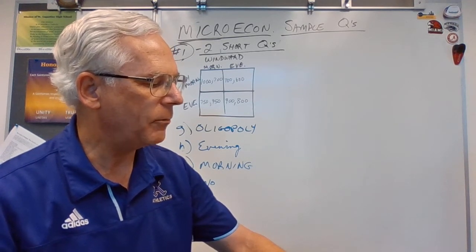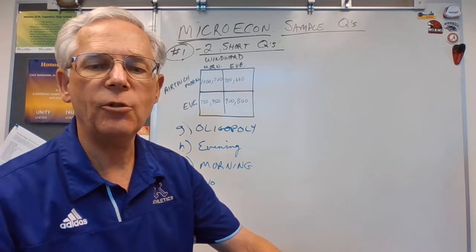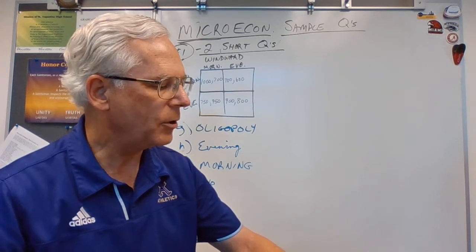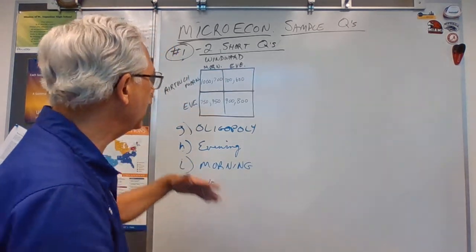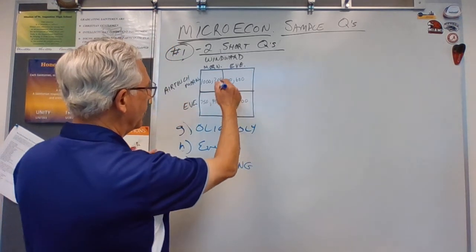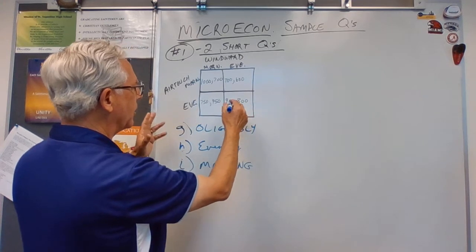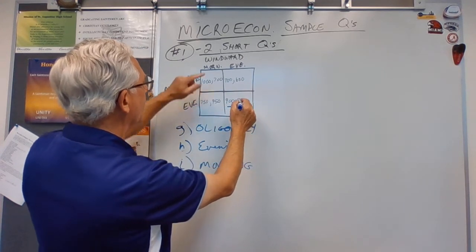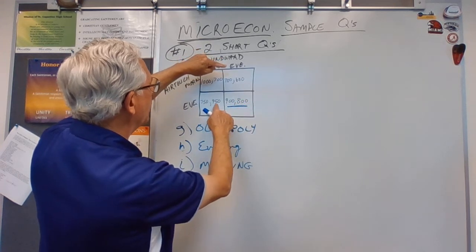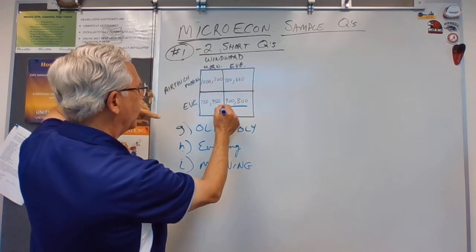And then part K, if both firms know all of the information in the payoff matrix, but do not cooperate, what will Windward's daily profit be? Imagine being in any particular box. Imagine starting in this box. Does Windward want to switch? Yes, it does, so it would want to come over here.